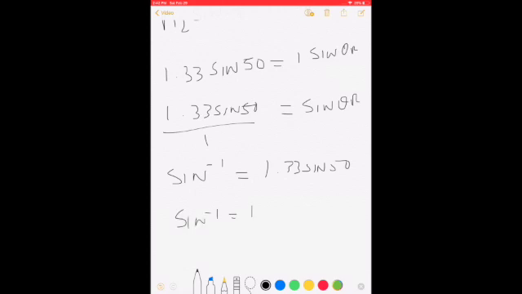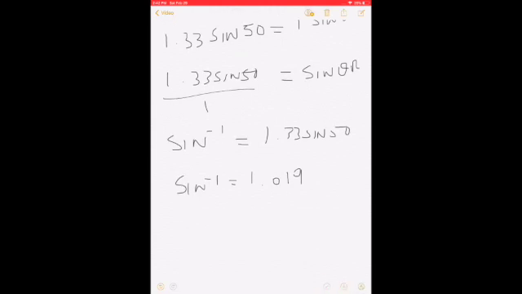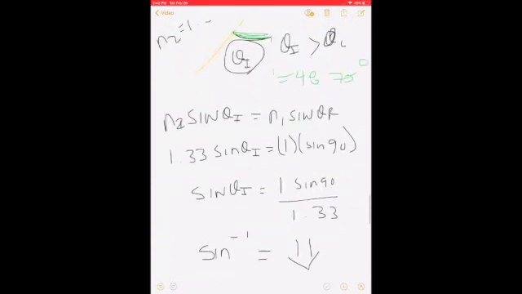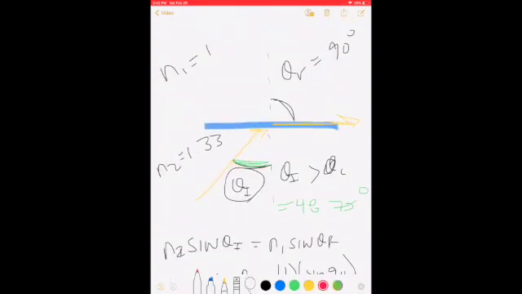You get the inverse sine of 1.019. And if you know anything about trigonometry, you know that you can't have a sine that is greater than 1. So this actually can't happen. That's actually not possible. Now, why is that? Because once you reach a point where your angle would be greater than 90, then you no longer have refraction.